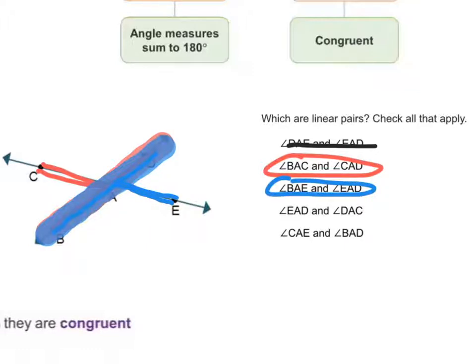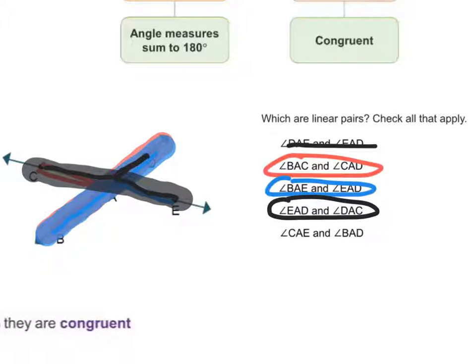The next one, EAD and DAC, and that is one. If I do EAD and DAC, then this also forms a straight line. Therefore, this one is also a linear pair.